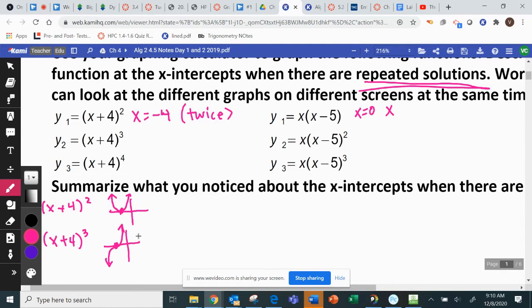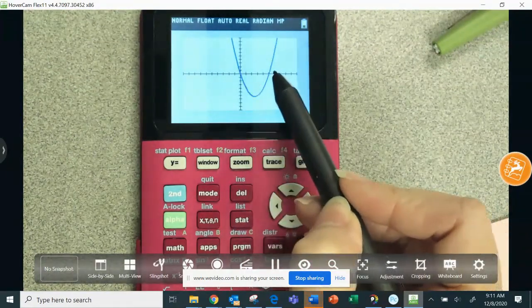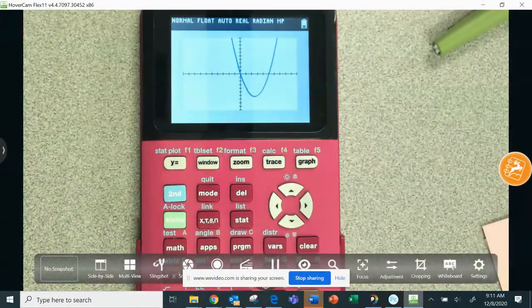Somebody say something. 2. Thank you. We would have x equals 0 and 5. So we hit graph, and that should validate what we just said. X equals 0 right here, and x equals 5. We've got our 2 x-intercepts. What happens at the x-intercept is the graph just passes straight through.